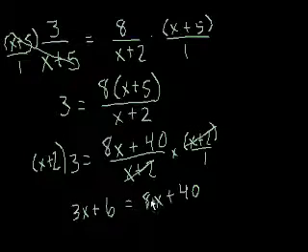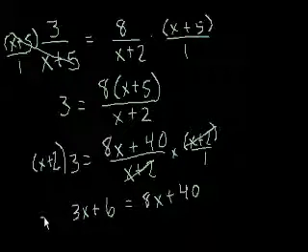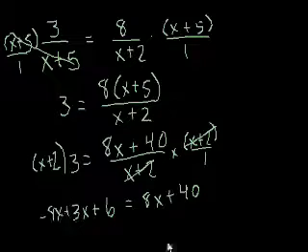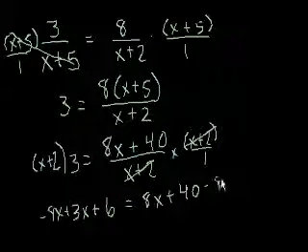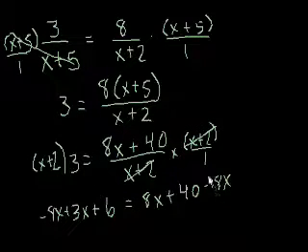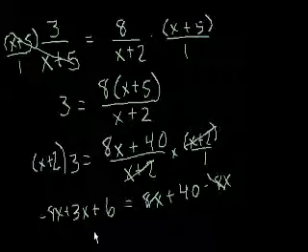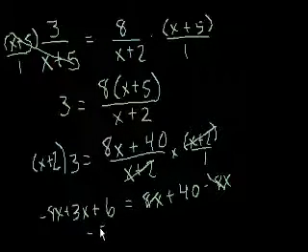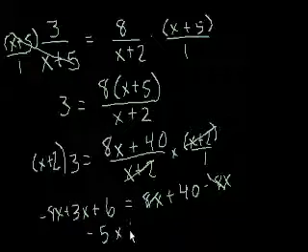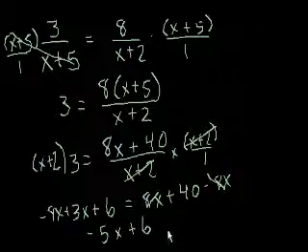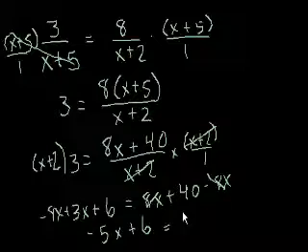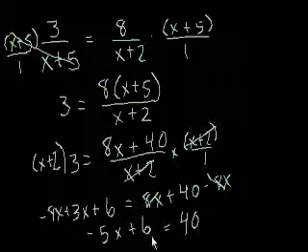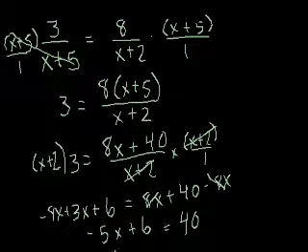Well, if we subtract 8x from both sides, minus 8x, minus 8x. I think I'm running out of space. Well, on the right-hand side, the 8x's cancel out. On the left-hand side, we have minus 5x plus 6 is equal to, on the right-hand side, all we have left is 40. Now we can subtract 6 from both sides of this equation.